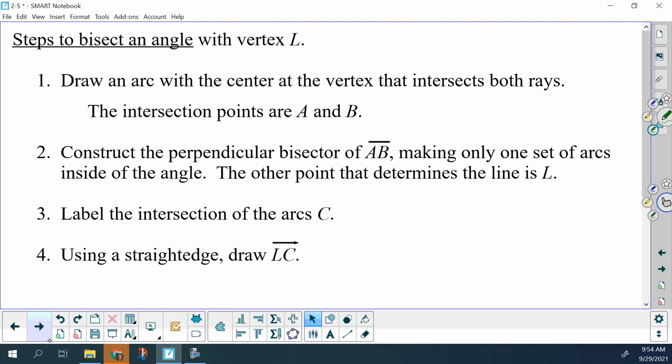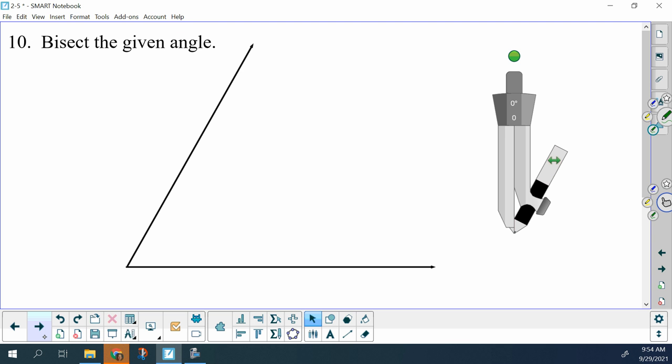So here are your steps. If you get stuck, we're going to bisect this one and put some notes so you have something to refer to. All right. So we have angle A, L, B. Oh no, they want me to wait. Never mind. Don't call it A yet.